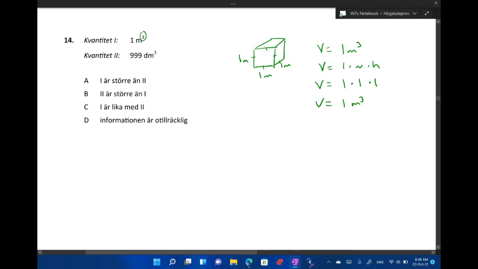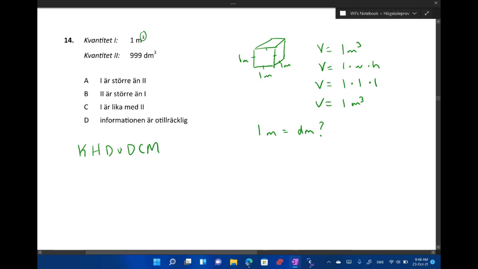All right? So what if we measured this cube with decimeters? Now we need to know what is 1 meter in decimeter. Well, there's a thing you can remember when you're converting between units. K is king.